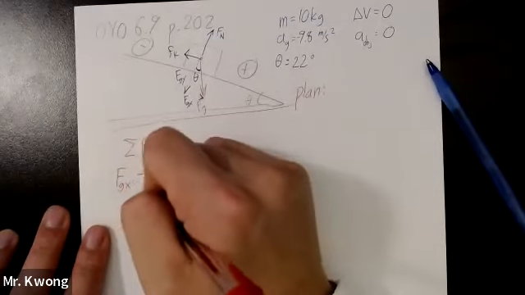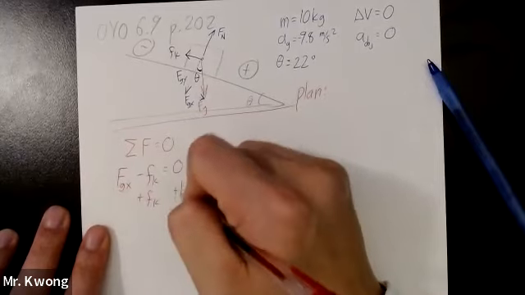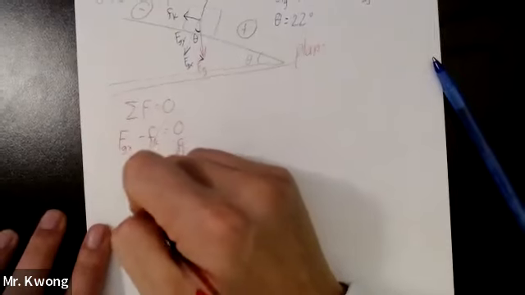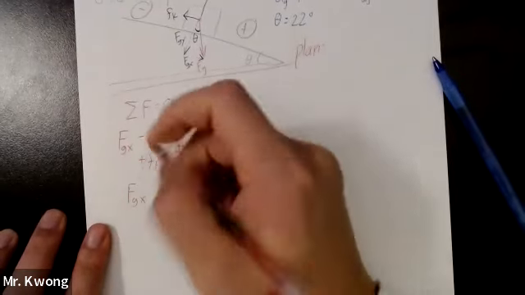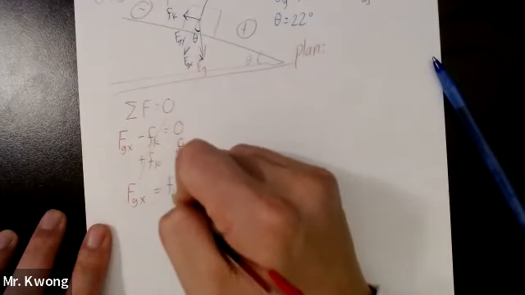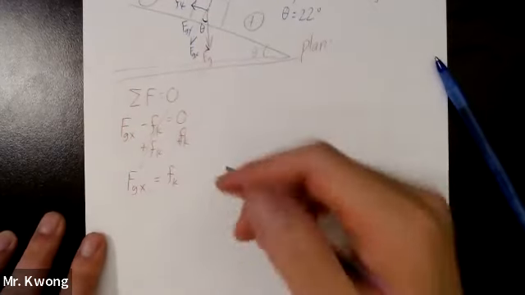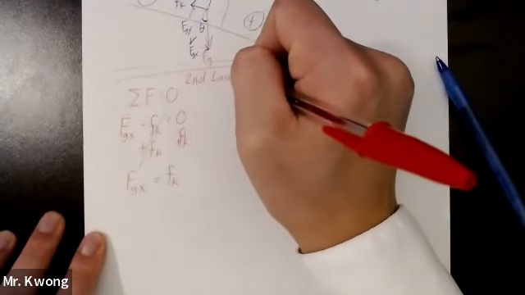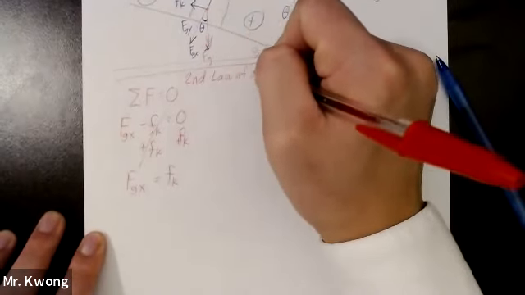If we add the force of friction to both sides, what we're saying is that the force of gravity in the x direction equals the kinetic friction force. Again, this setup is all due to the second law of motion.